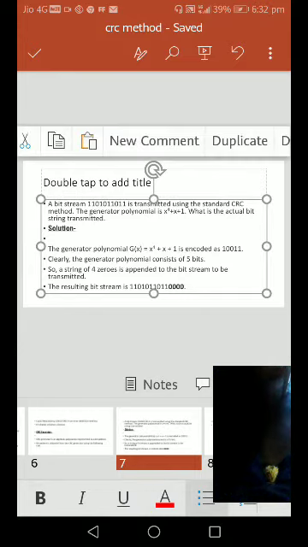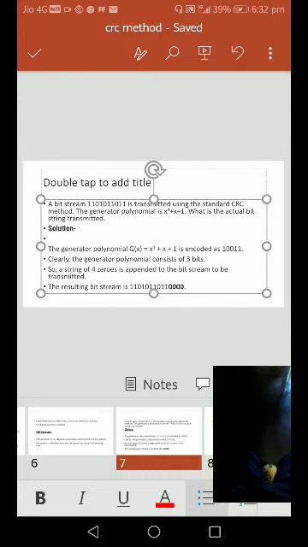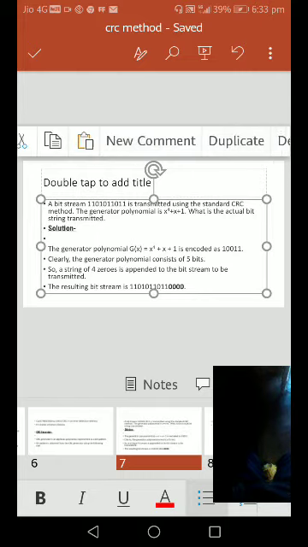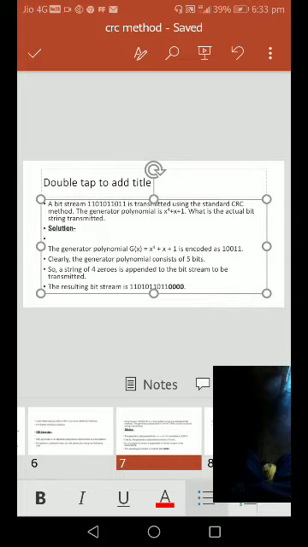The resulting bit stream is taken as 1101011011.